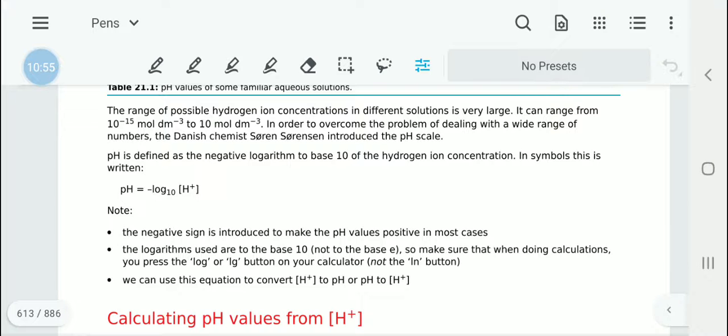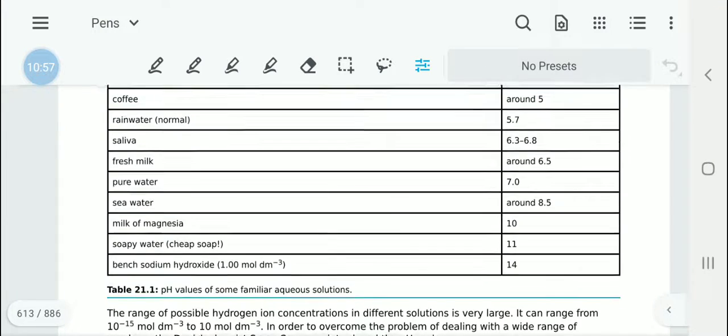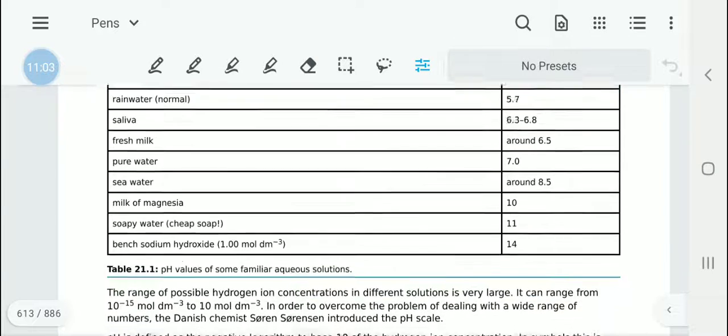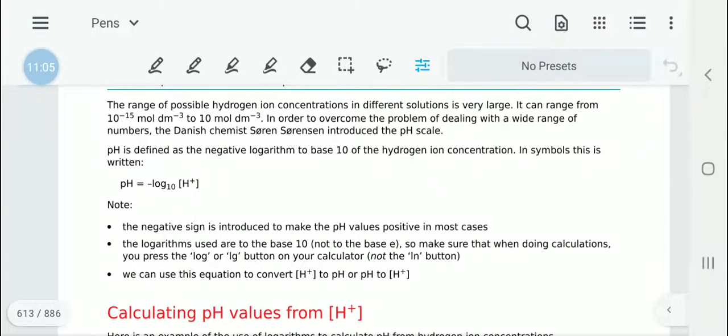So all these solutions would have H plus ions in them.